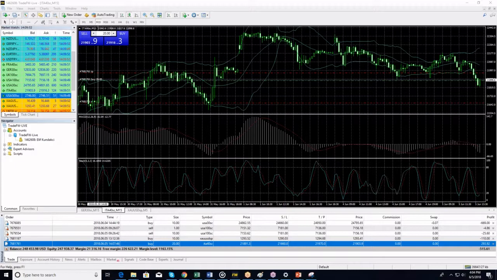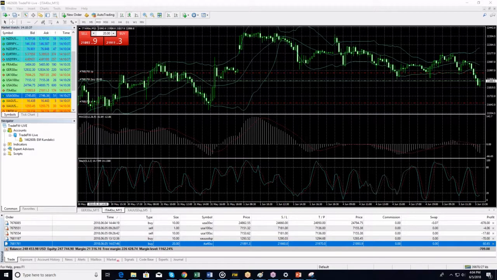So we went long on Italy 40 at 21,891.3, and our stop loss is 21,616. Make it nicely. And our take profit is at 21,970. Very nice. We will get there.